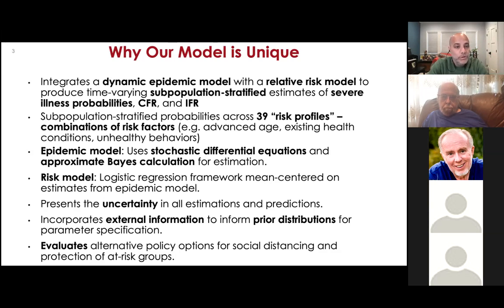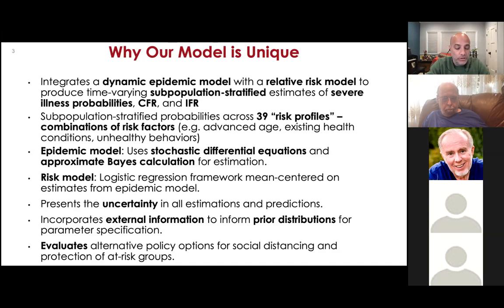And then we apply that to an epidemic model. In this case, we use a stochastic differential equations model with approximate Bayes calculation for estimation. And then our risk model is a logistic regression framework that we construct without access to individual level data. And we'll talk about how we do that.